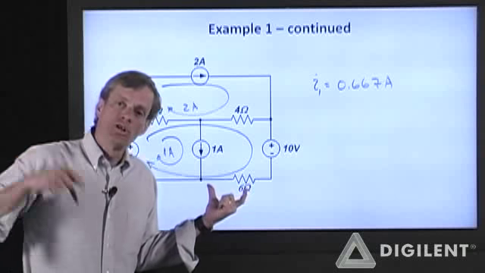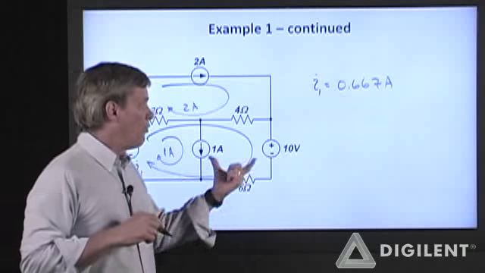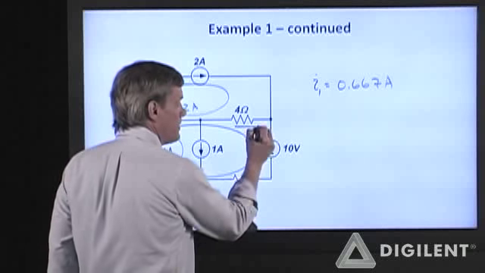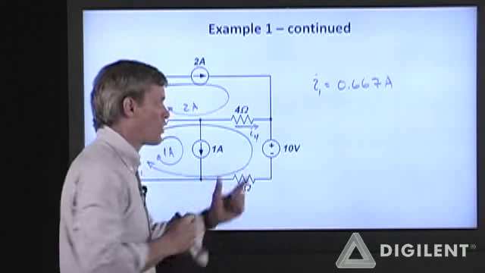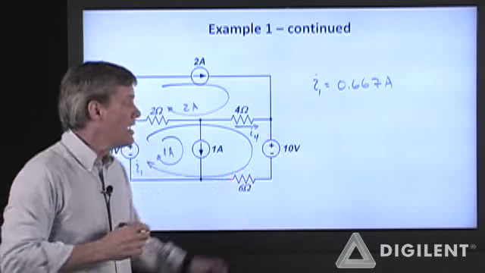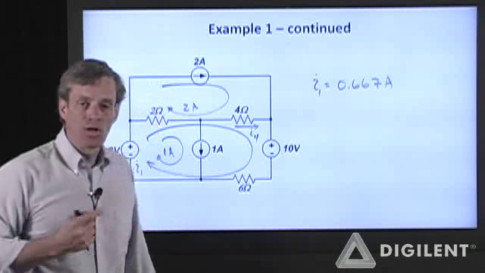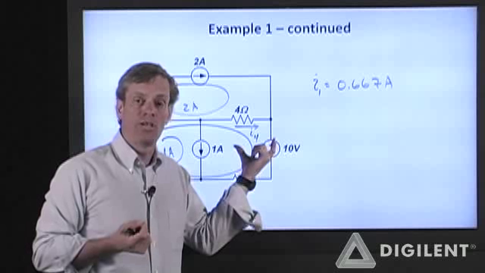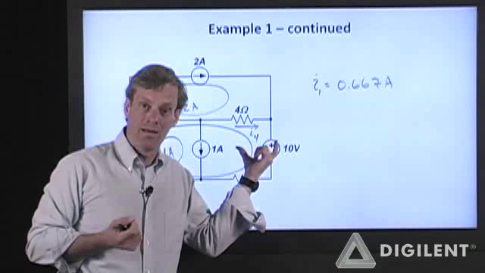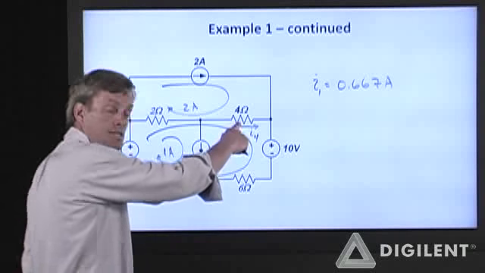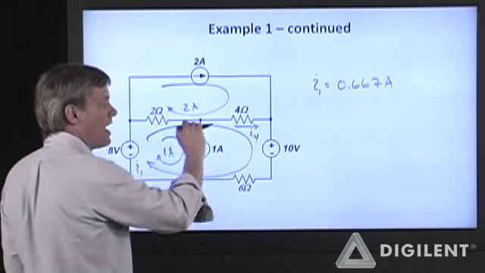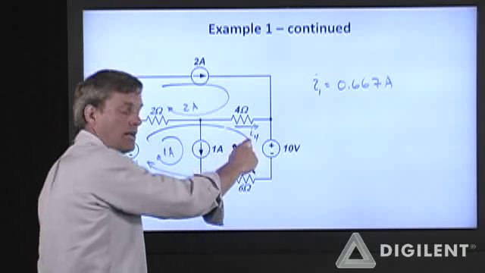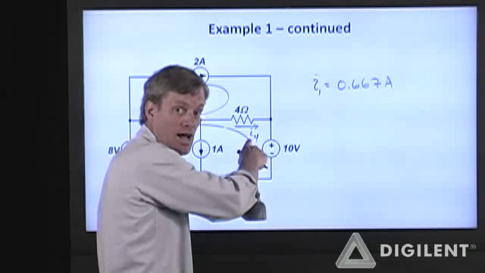Now, my original problem statement, I didn't want I1, I wanted the current through this 4 ohm resistor, I4. In order to get any physical current in the circuit, I need to sum all of the contributing mesh currents that go through that element. So through this element here, I have I1, which is positive relative to my defined direction for I4.